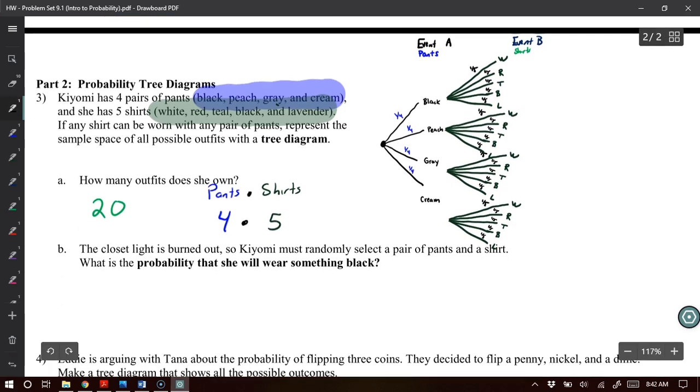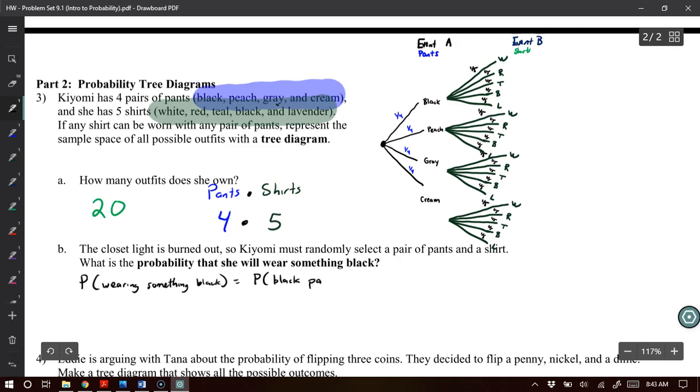Now, the closet light is burned out, so when trying to select a pair of pants and a shirt, what's the probability that she will wear something black? Now notice, probability of wearing something black. It doesn't tell you if it's the shirt or if it's the pants.